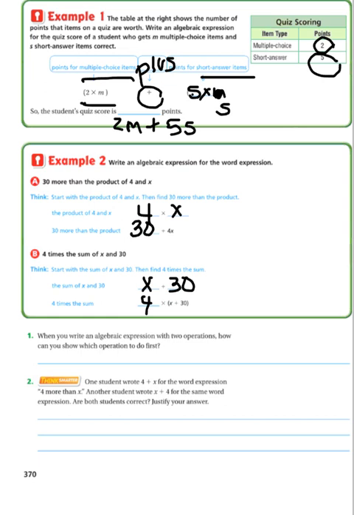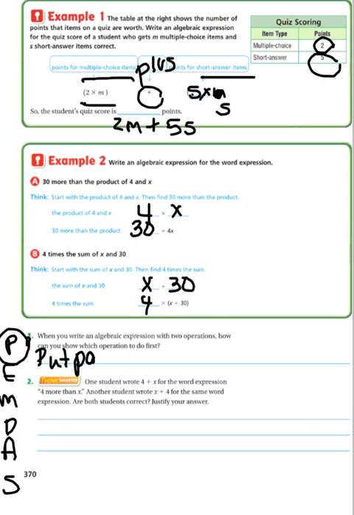Number 1. When you write an algebraic expression with 2 operations, how can you show which operation to do first? So this is when order of operations comes in very handy. How can you show which operation to do first?